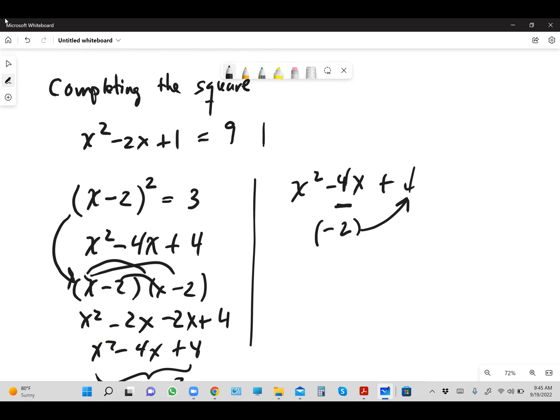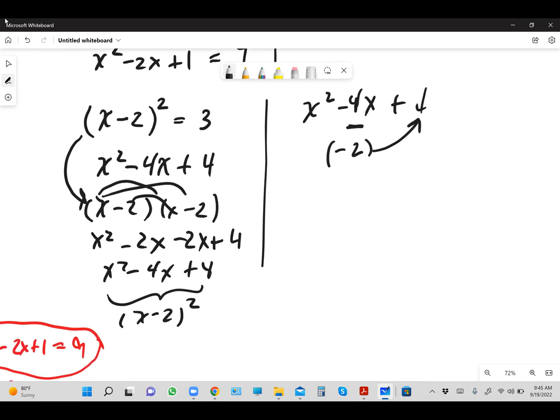Well, that's obvious, because when we did x minus 2 and squared it, and FOILed it, this negative 2 becomes a negative 4. So the middle term comes out negative 4, and this comes out to positive 4 when you square it.